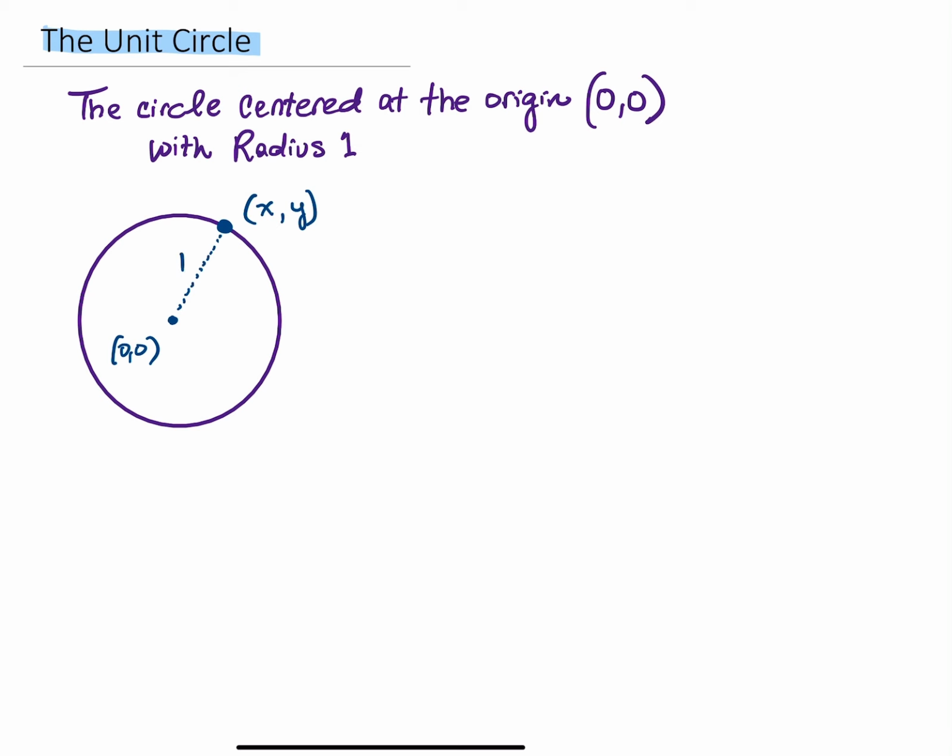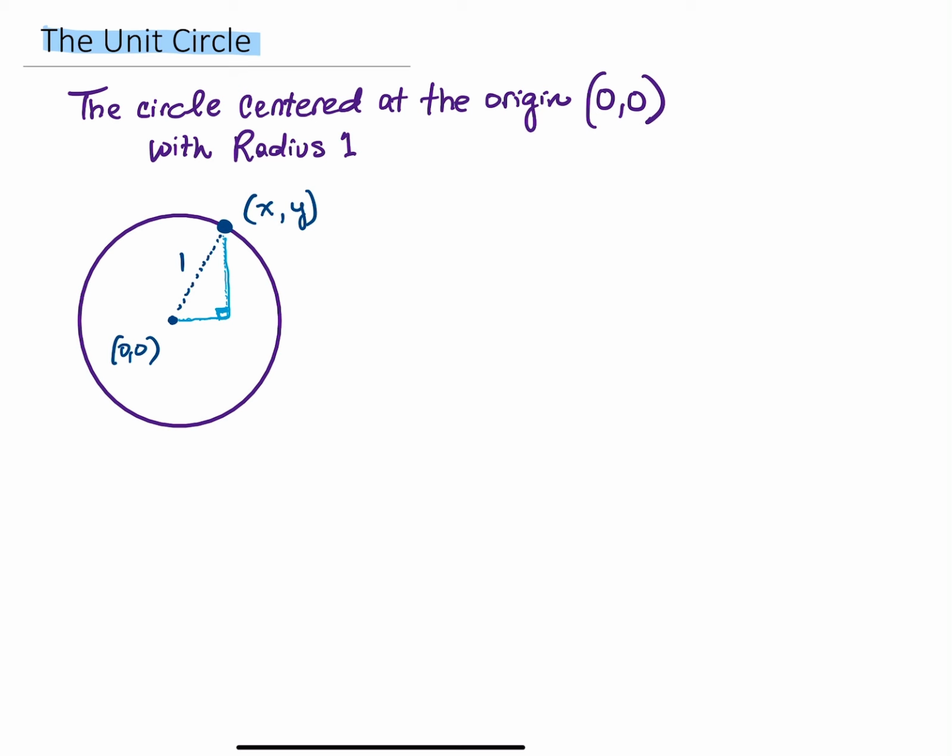So we've defined this as a radius of 1. So with any point on a circle, you can imagine dropping down a straight vertical line from our point and then sending out a horizontal line until they meet, and they're going to meet at a right angle. So we actually get a little triangle inside of the circle for any point on a circle.